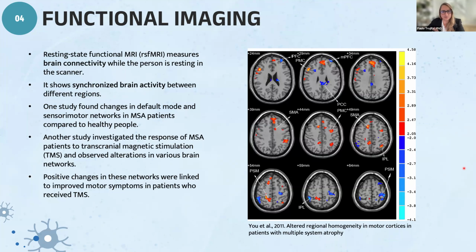By analyzing these connections, resting state functional MRI can provide insights into disease progression, severity, and treatment effects. There are different networks in the brain. One is known as the default mode network, but there are other networks like the sensorimotor, visual, language, and attentional networks. All these different networks can be affected in MSA, and here is a figure showing areas in MSA that are different compared to normal controls.